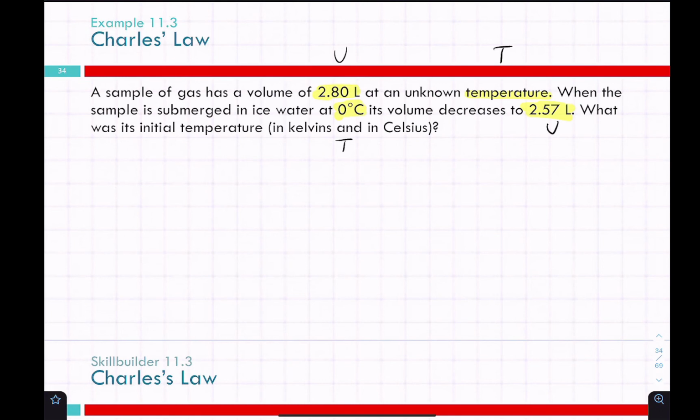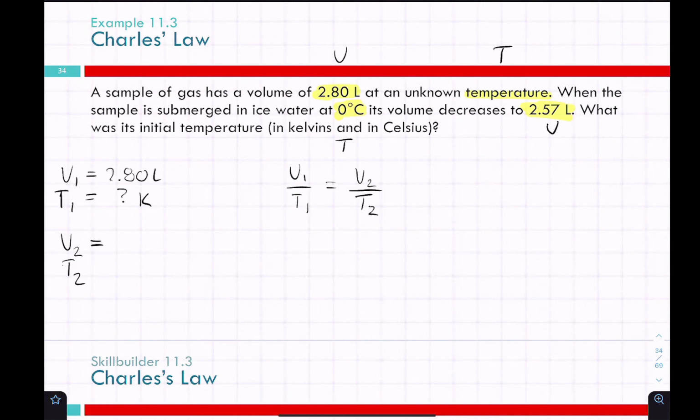So we're going to have V1 over T1 equals V2 over T2. Okay, so what is our V1 and T1? 2.80 liters for V1, but our temperature is unknown. And that's going to have to be in Kelvin, at least as we're solving the problem.